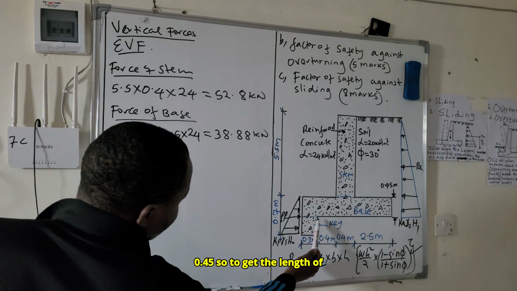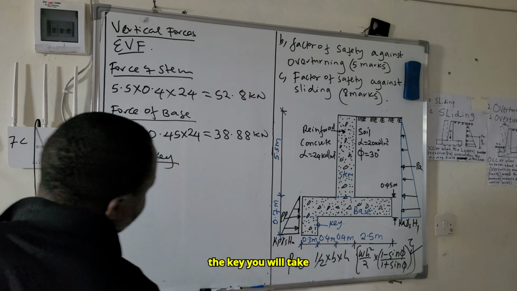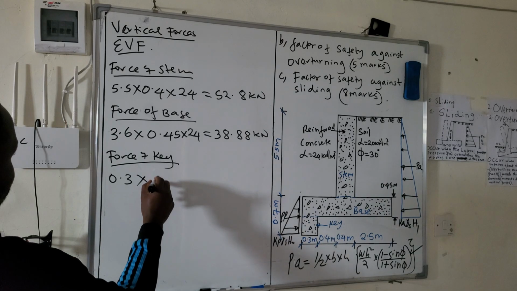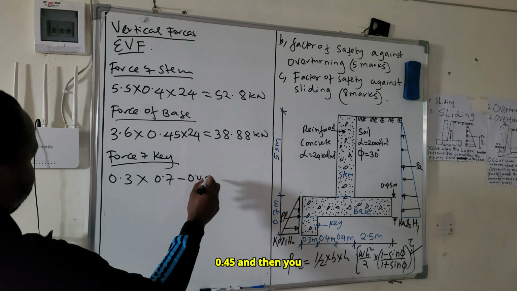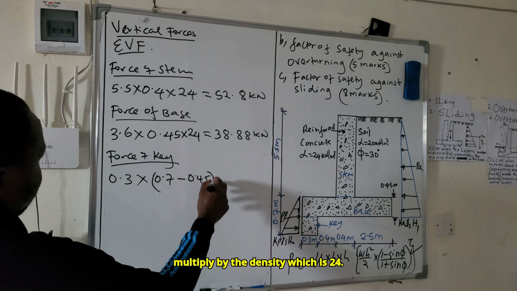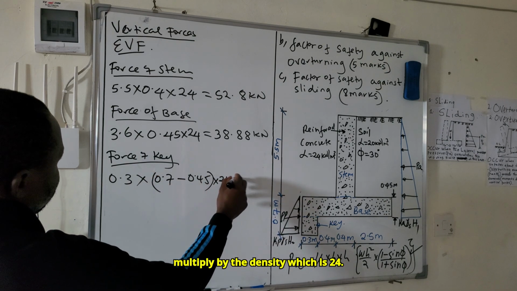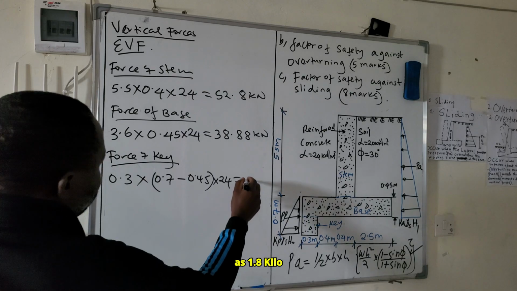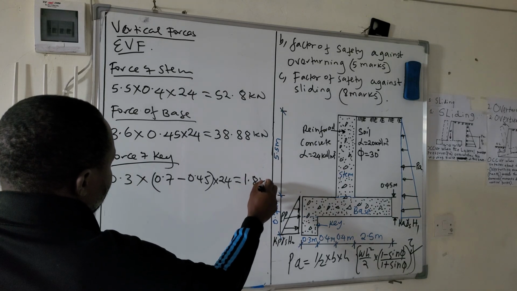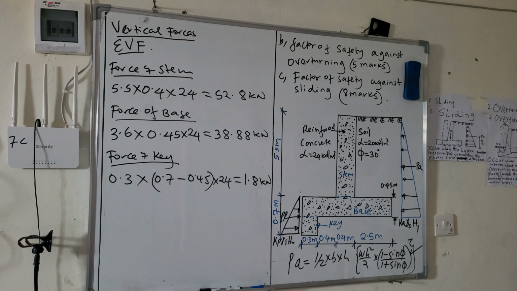So to get the length of the key, you will take 0.7 minus 0.45, and then you multiply by the density, which is 24. So you will get your answer as 1.8 kilonewton.